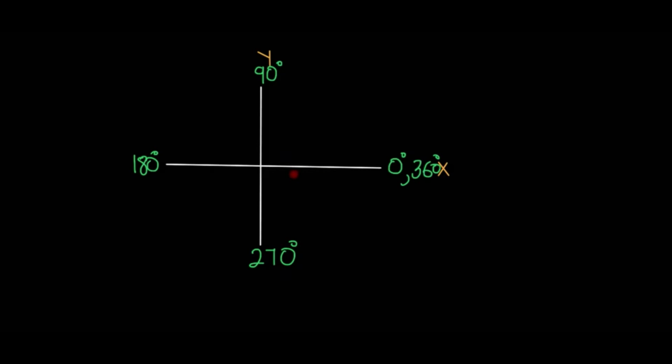A right angle triangle can be on these quadrants. Sometimes the right angle triangle is in the first quadrant, and sometimes it is in the second quadrant, and then a right angle triangle is in the third quadrant, and again in the fourth quadrant.